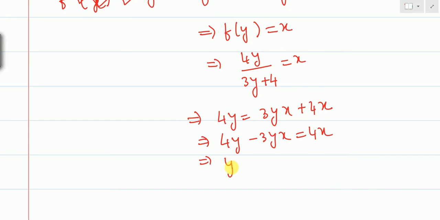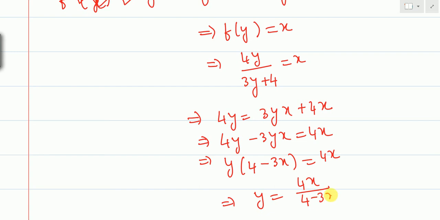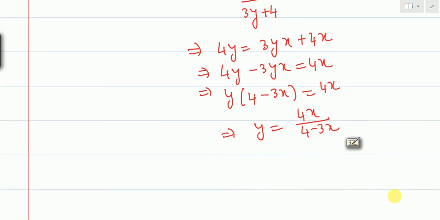Y common tegidre I will get 4 minus 3x is equal to 4x, or y is equal to 4x by 4 minus 3x. Hagadre f inverse x is equal to 4x by 4 minus 3x.